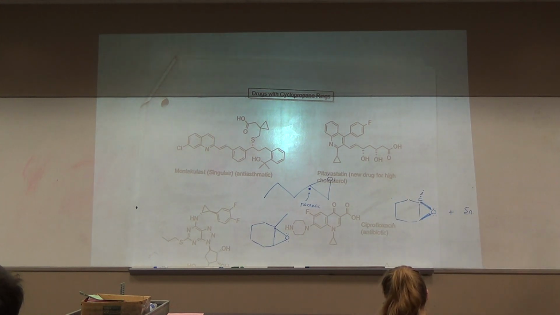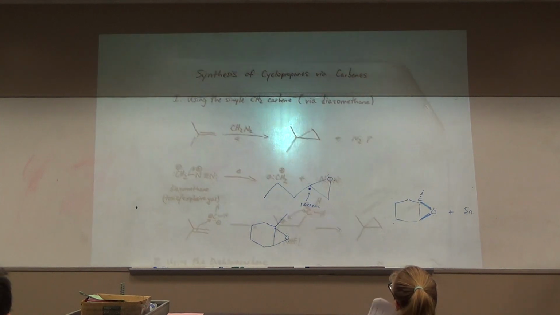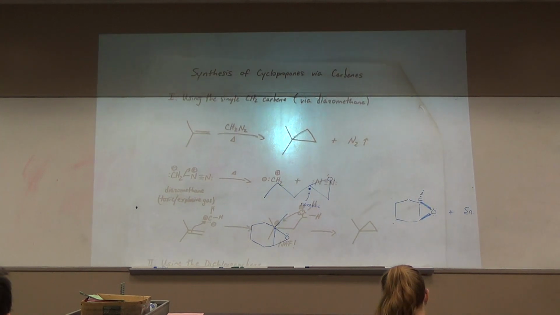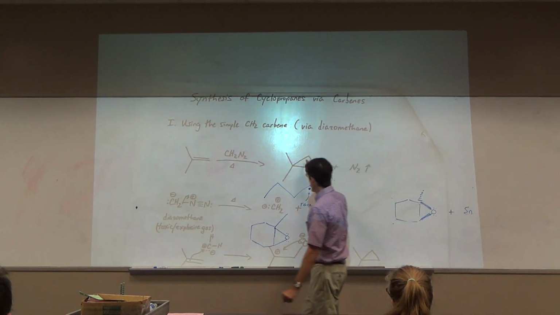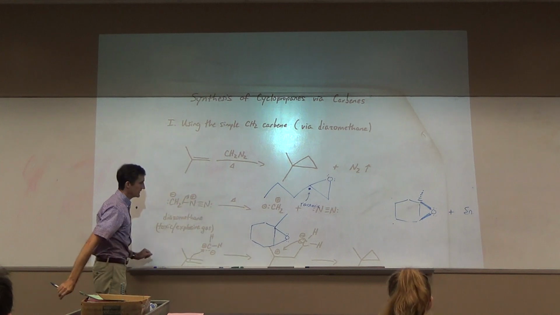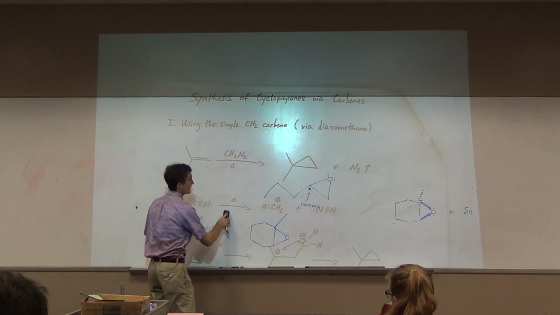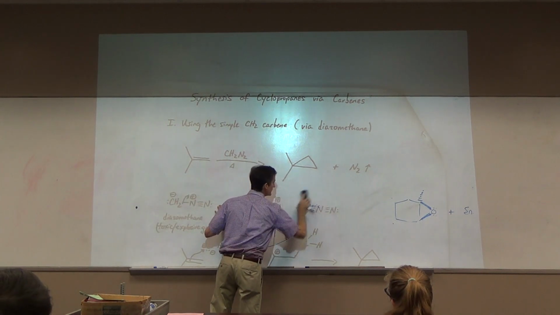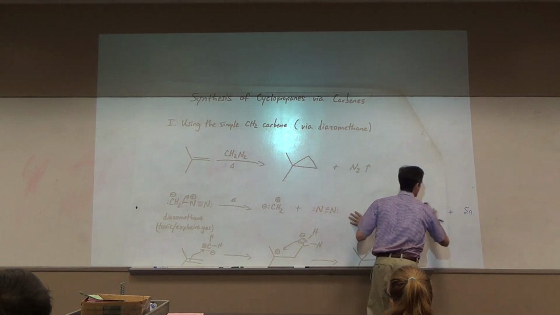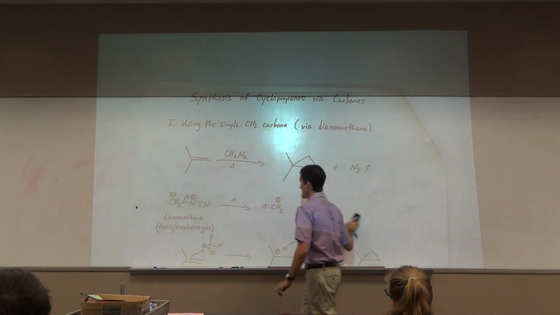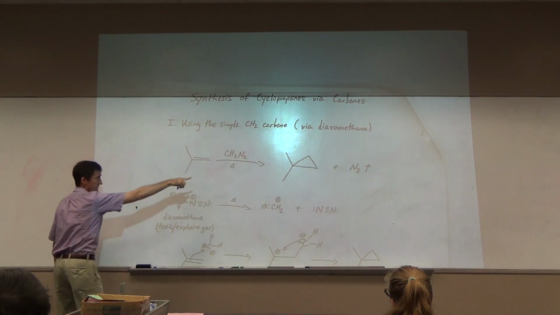Cyclopropyl groups. Cyclopropanes can be made from alkenes. Of course, we're doing reactions of alkenes, and this is a common reaction. What you can do with alkenes, you can convert them to cyclopropanes.